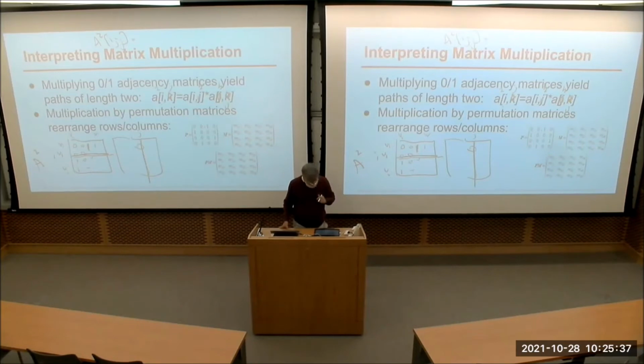Whenever you get a 1 times 1, what does that mean? That means that there is some vertex k. This is i, this is k, this is j, such that ik is 1 and kj is 1. Basically, when you square the matrices, you get the number of paths of length 2 between every pair of vertices. Any questions about that?